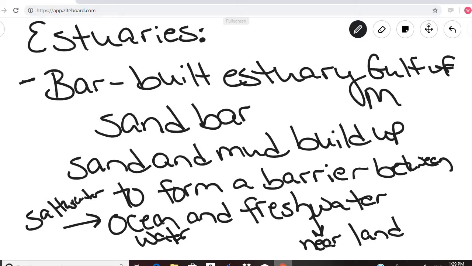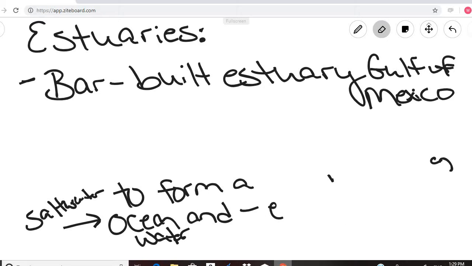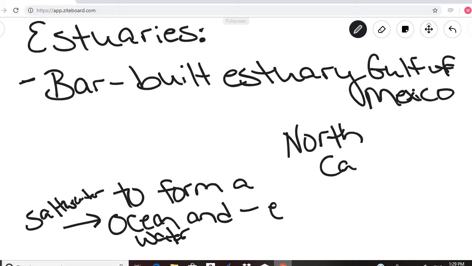And also, if you've ever been to the islands off the coast of North Carolina, that is another place in the United States where we have these bar-built estuaries. So it's a very large sandbar that can actually become an island that is called a barrier island. Okay, so that's a second type of estuary.